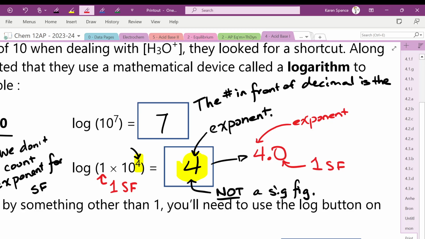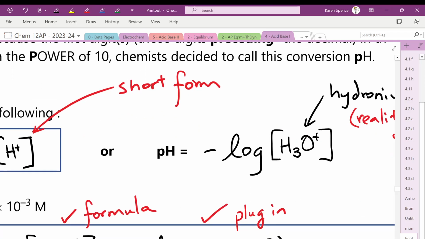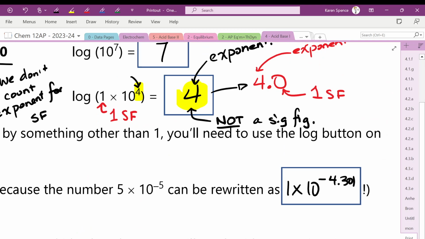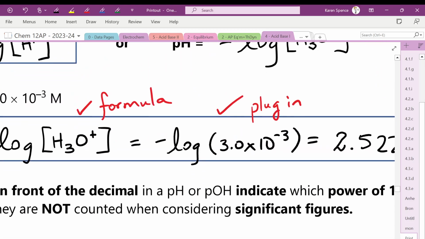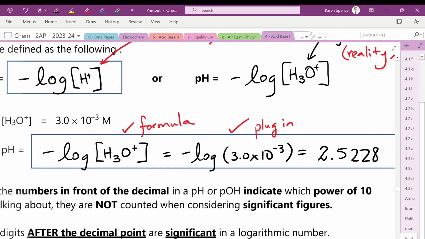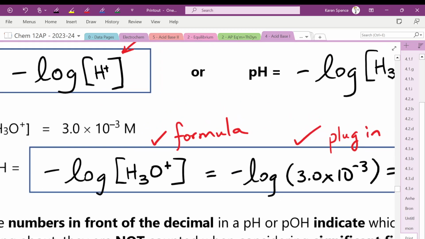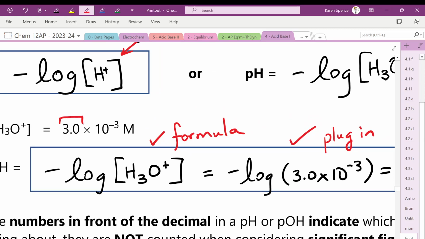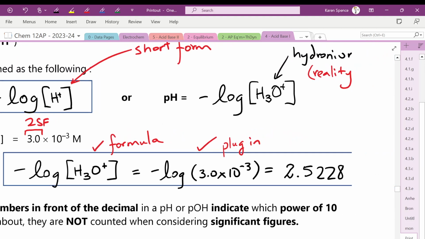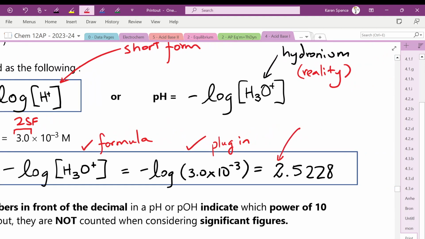So let's go down to that previous question. Here we go. So we have 3.0. How many sig figs? 2 sig figs. Now remember that this represents the exponent. Even though it's a 3, it's only a 2 because there's extra stuff in front of that. There's a coefficient, right?